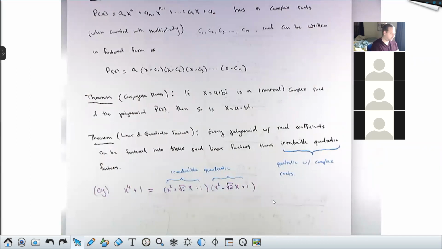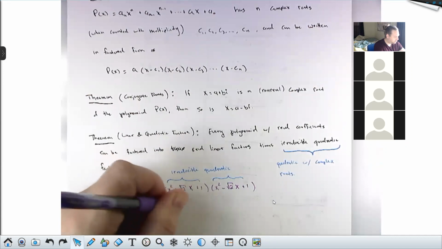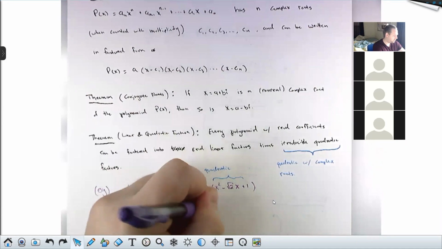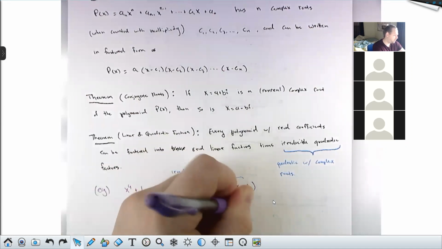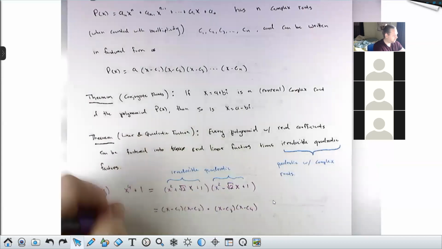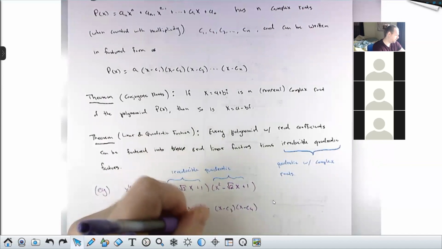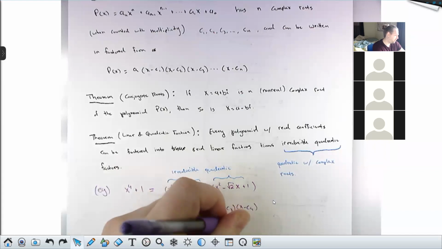I can actually write this as x minus c1 times x minus c2 times x minus c3 times x minus c4, where c1 and c2 are what you get from the quadratic formula.